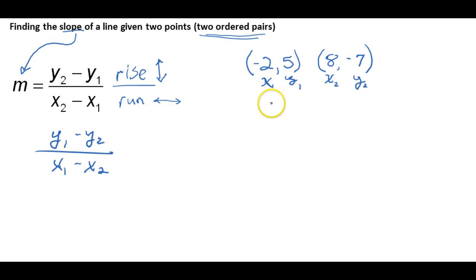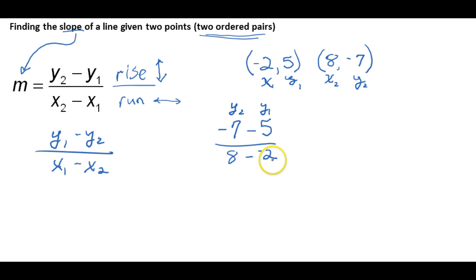So in this example, I'll just do it both ways, okay, so that you can see it doesn't matter. But you start with your y's. So if I do y2 minus y1, the only thing that's super tricky is the subtraction of negatives, so just be very careful. So this is y2 minus y1, and x2 would be 8 minus x sub 1, which is a negative 2.